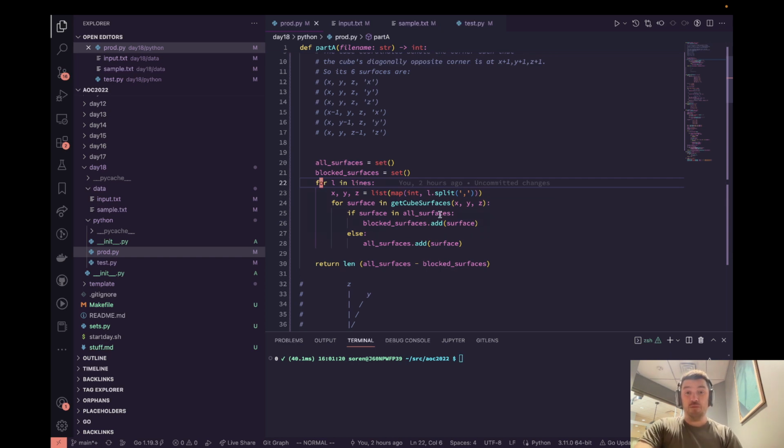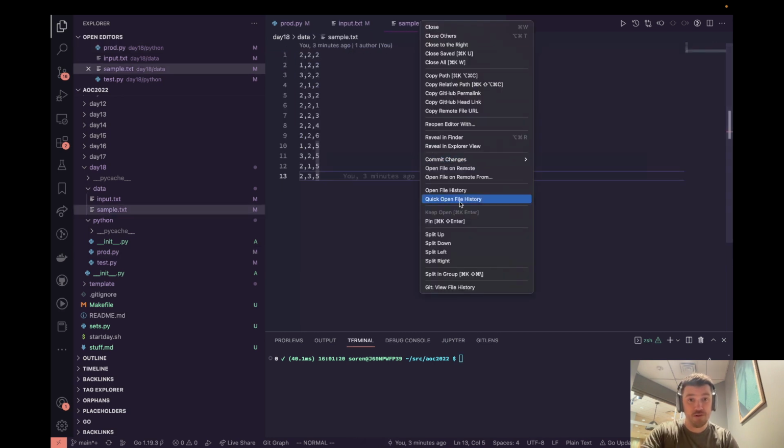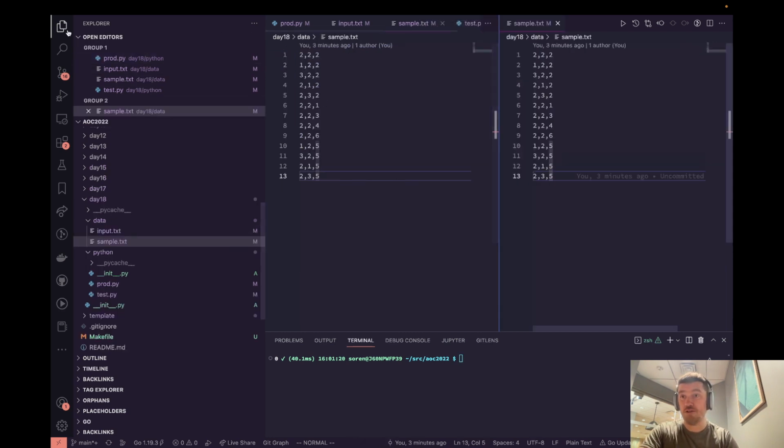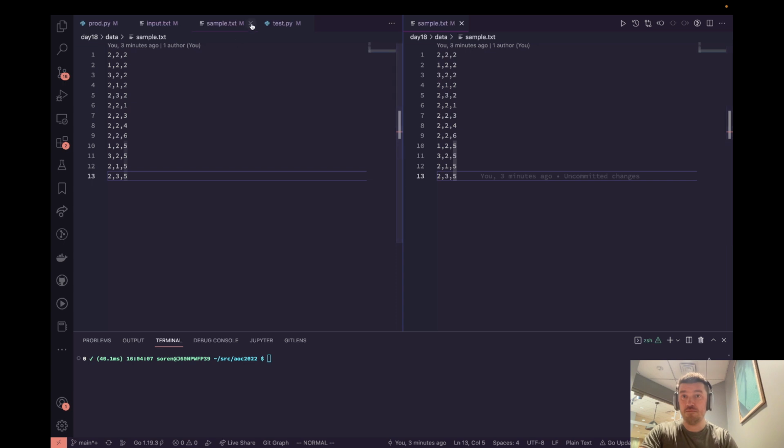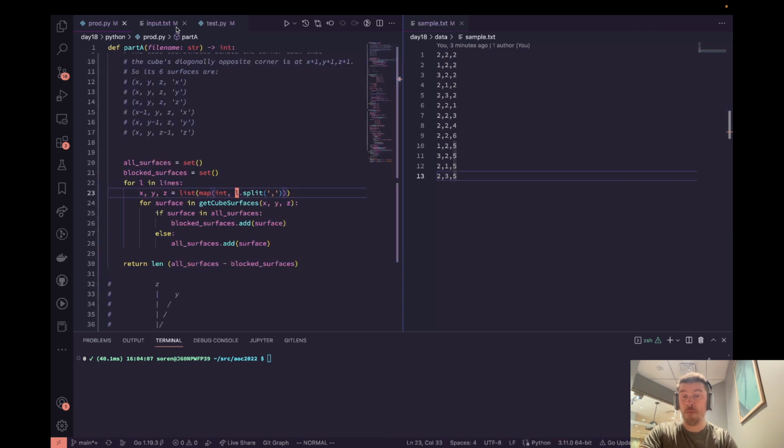Okay, so we go through all the lines. We get the coordinates like this. From the inside, we start by splitting the line by commas. Sorry about the noise, airport again. But yeah, very simple. Integers separated by commas.